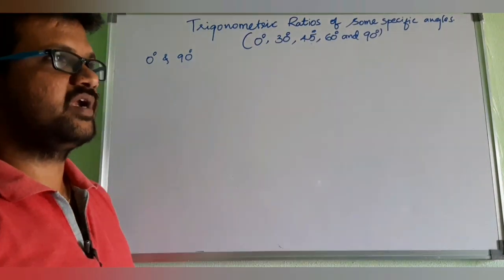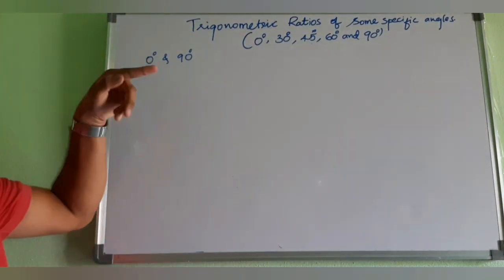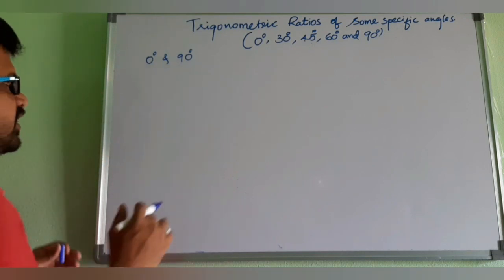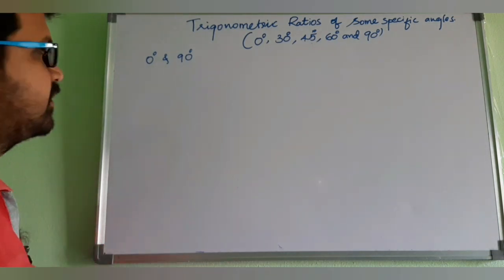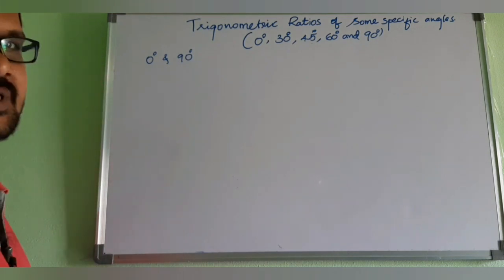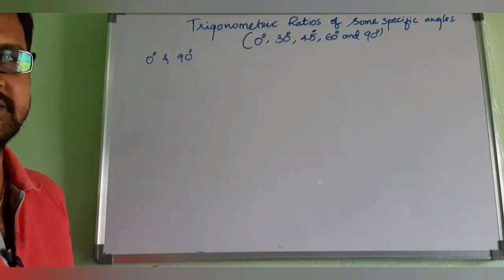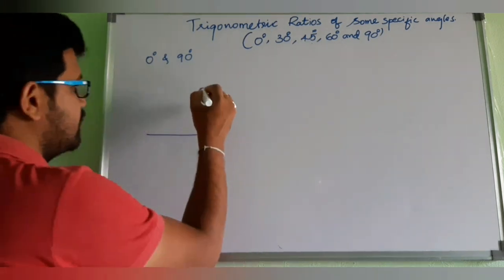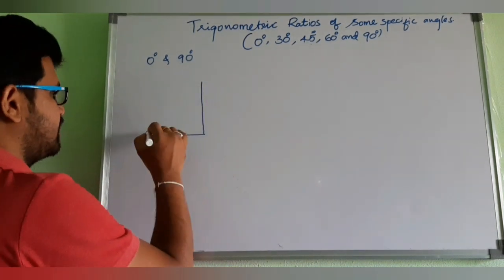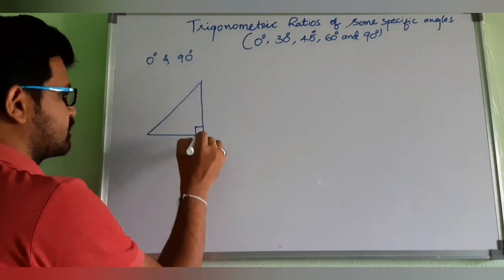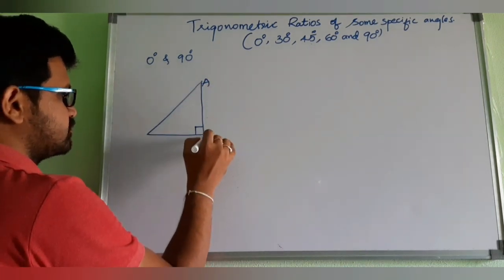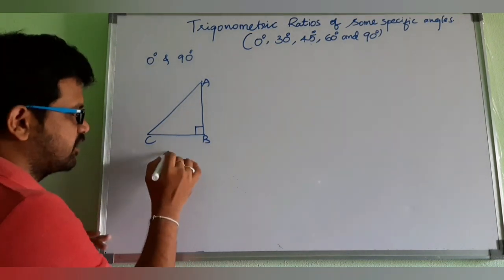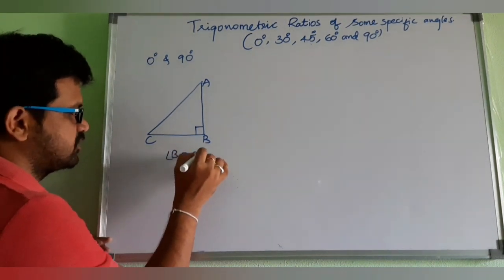So now trigonometric ratios of the remaining two angles, 0 degrees and 90 degrees. So look here, this is very important. Everyone knows that sine 0 is 0, sine 90 is 1, but how? See here, in any right angle triangle, I am taking that right angle triangle A, B, C. Here angle B is how much? 90 degrees.